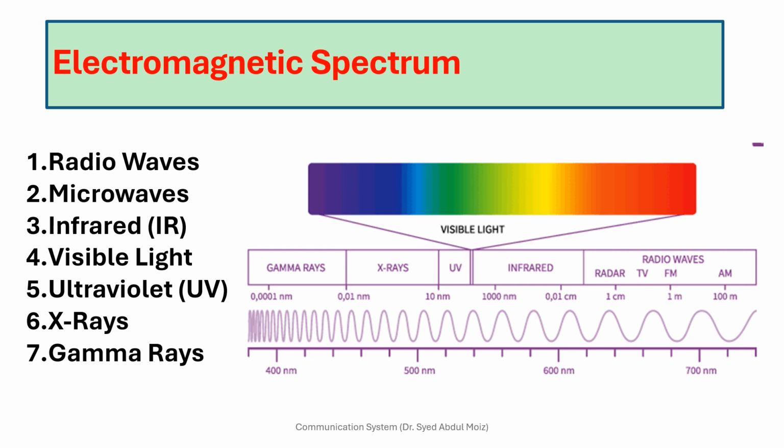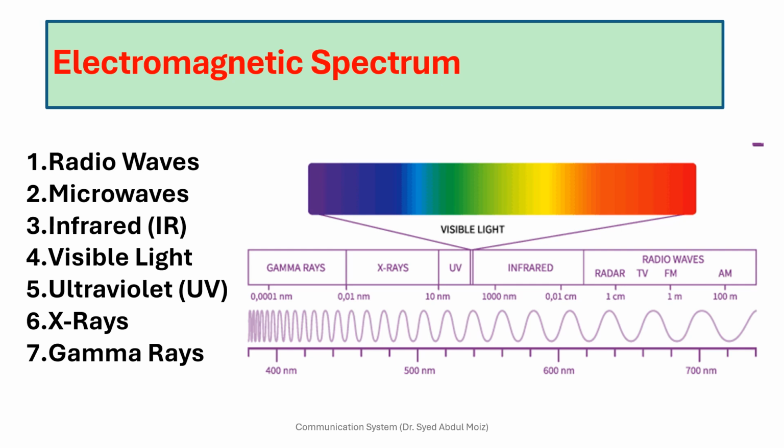Beyond visible light is ultraviolet radiation, with a shorter wavelength from 10 to 400 nanometers and frequency from 750 terahertz to 30 petahertz. UV waves carry more energy; UV is essential for vitamin D production, but too much exposure can cause sunburn.